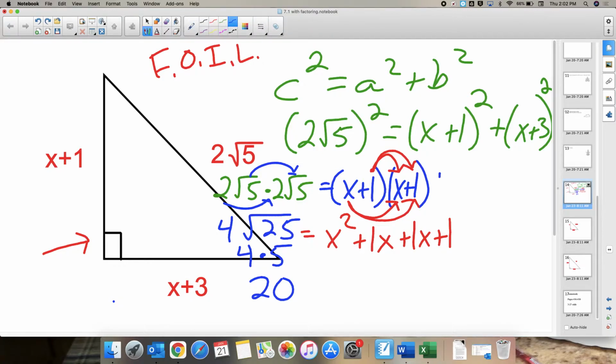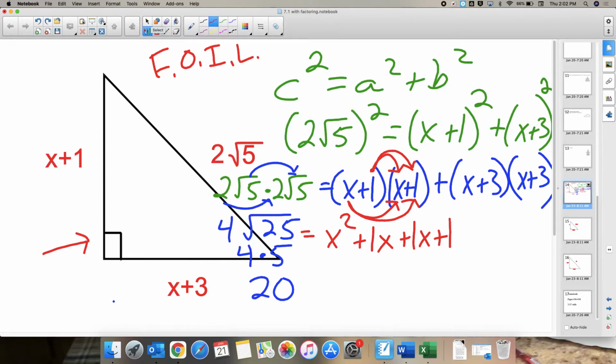We still have the x plus 3 squared. Oops. So that means we have x plus 3 times another x plus 3.